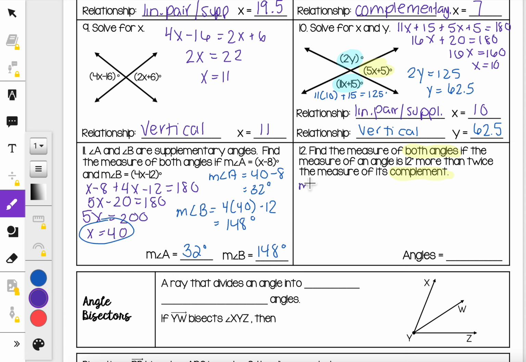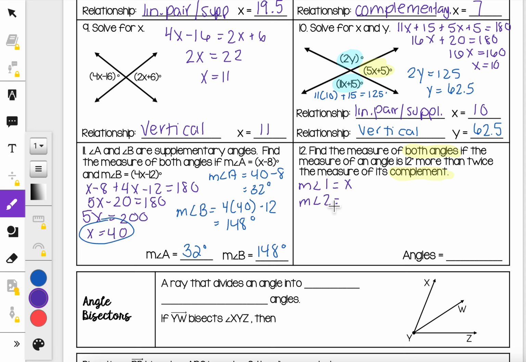So I'm going to name these angles angle 1 and angle 2. Now, the first angle, we're just going to say the measure of angle 1 is x. And then it says the measure of the other angle is 12 more than twice the measure of its complement.